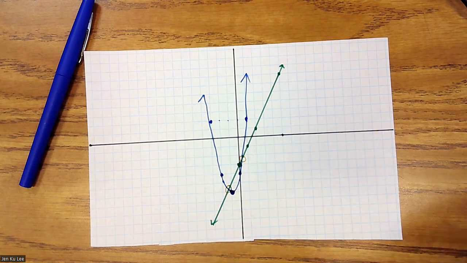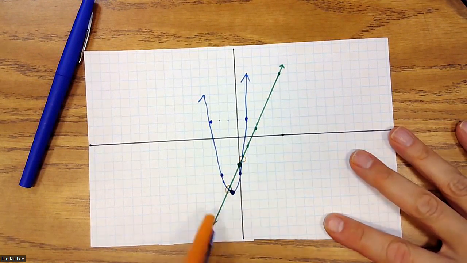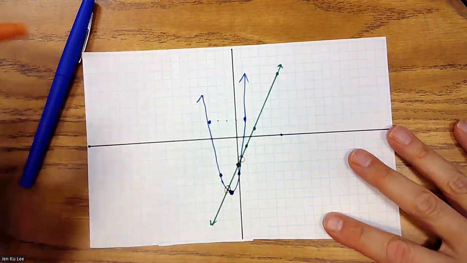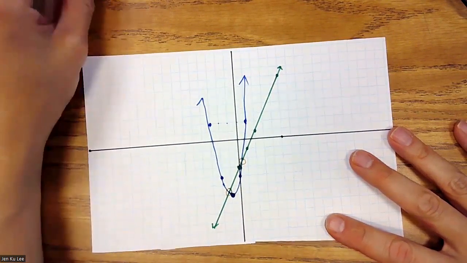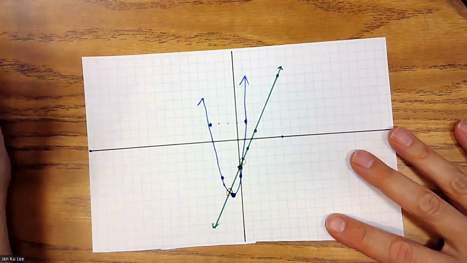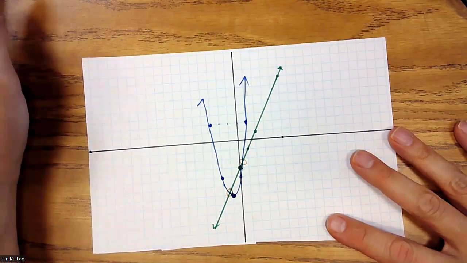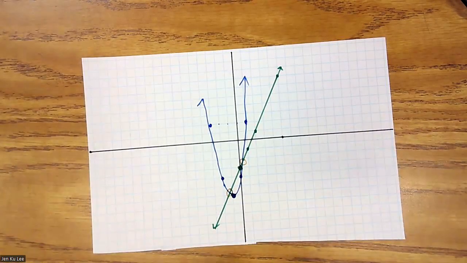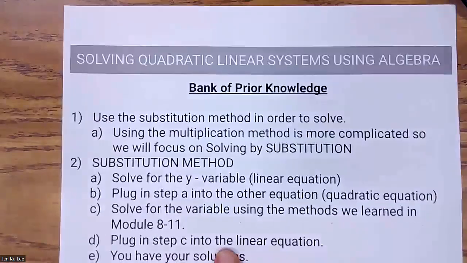Yeah, but that's not going to be as accurate as you can if you're drawing it by hand, right? So that is why we're going to learn how to do this via algebra and using the substitution method, okay, and using just algebra in general, okay?